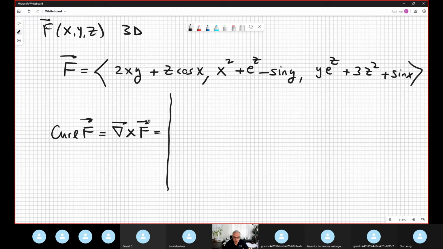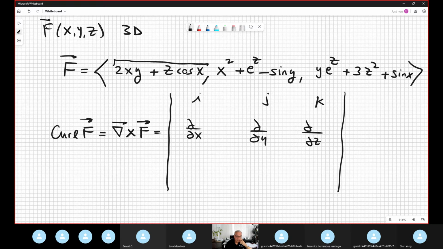So the cross product is i, j, k, no? And del is the symbolic partial derivative. And you put P, Q, R. It's a P. It's a Q. And it's a R. P, Q, R. You copy if you want, no?